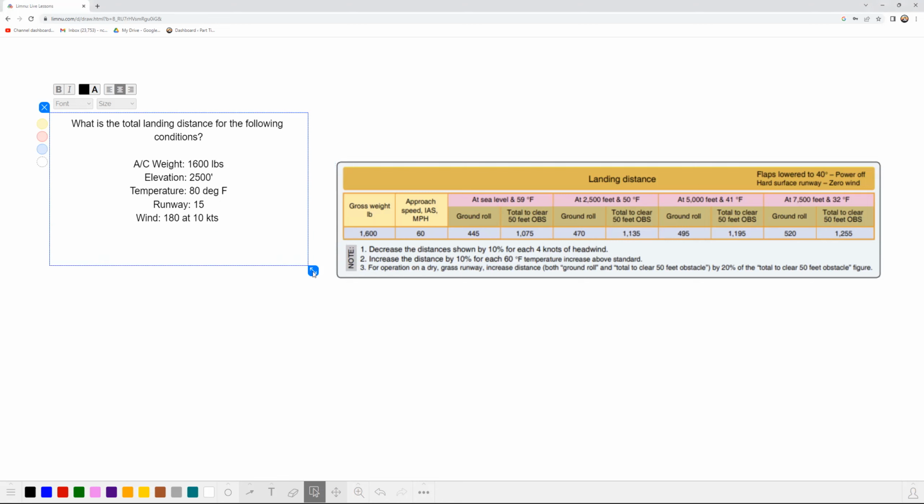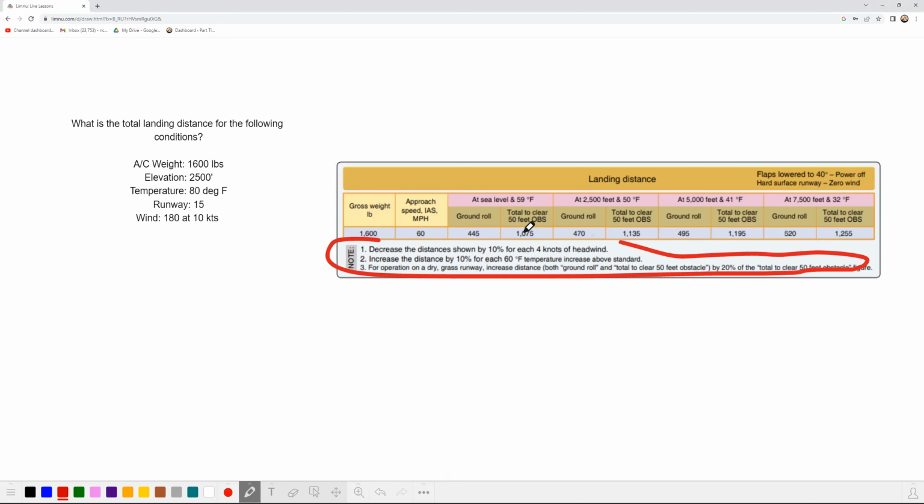So, all right. One question was Ray. Ray, before I start this example, do you want to tell me what exactly you're struggling with? I think you mentioned that you were struggling with these notes down here, how to implement those. Is that correct? No, you get the notes. Okay.